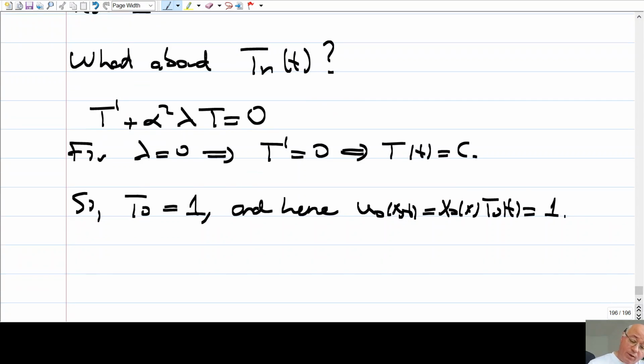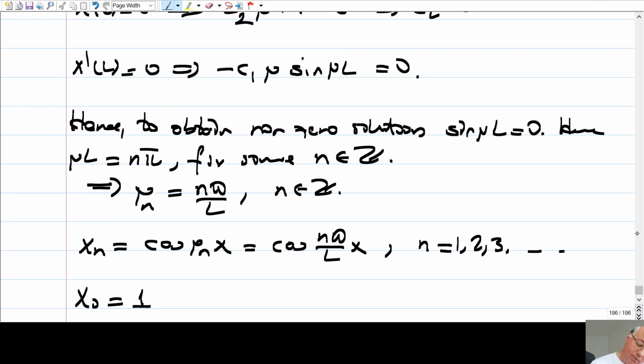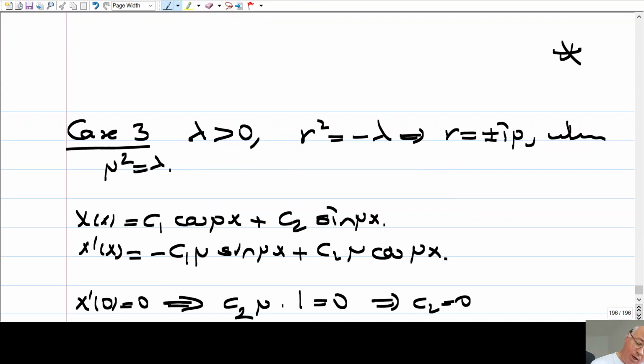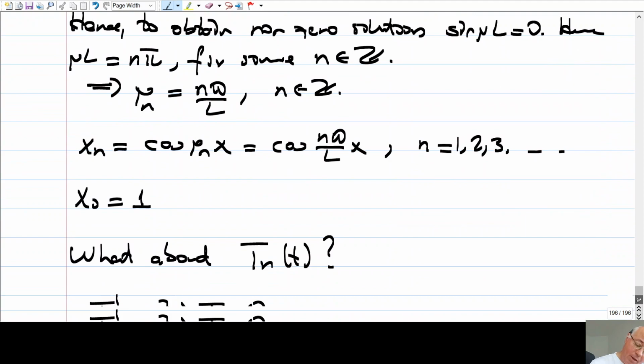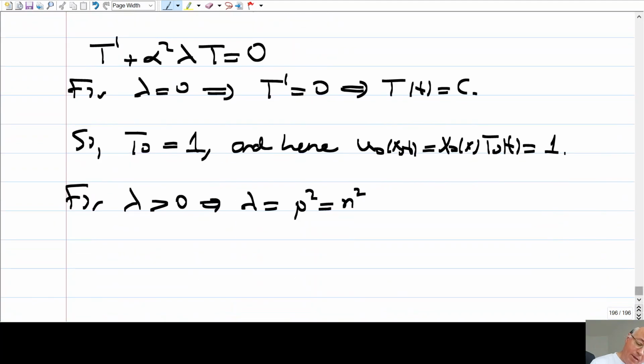What about the other ones? For lambda positive, lambda is just mu squared, so it is n squared, right? Lambda is just mu squared. So my equation becomes what?